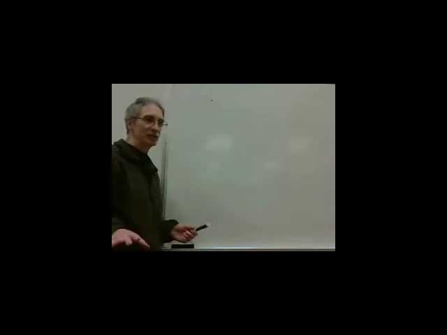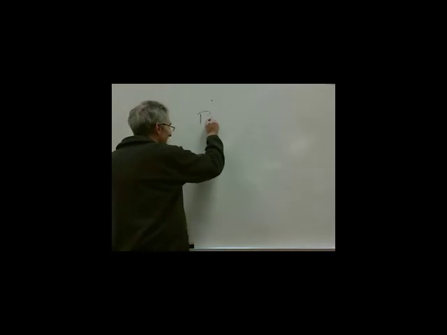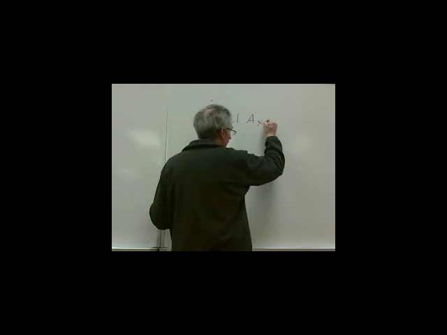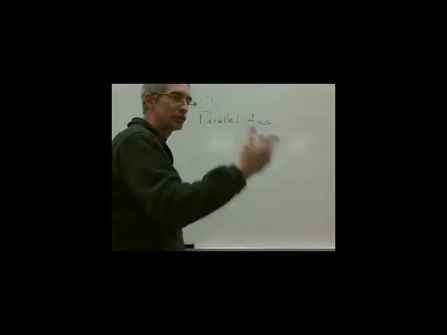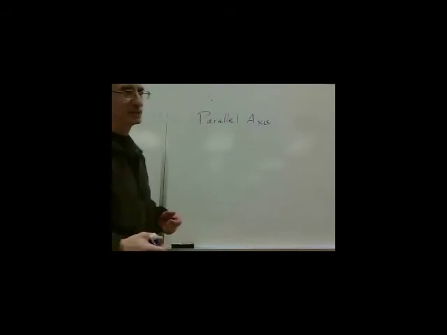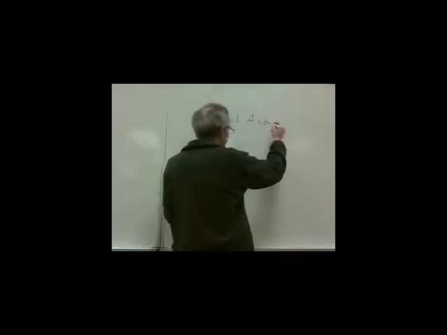And before we get to finding moment of inertia for composite shapes, there's one important item called the parallel axis theorem that I'll just introduce to you right now, and you'll see how this plays into your ability to find the moment of inertia of a composite shape.